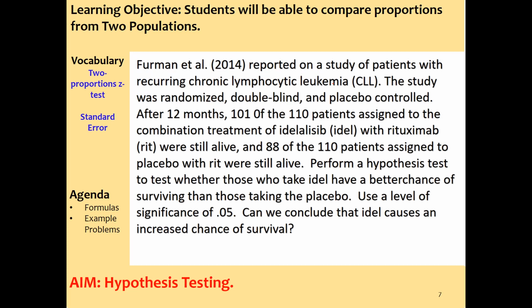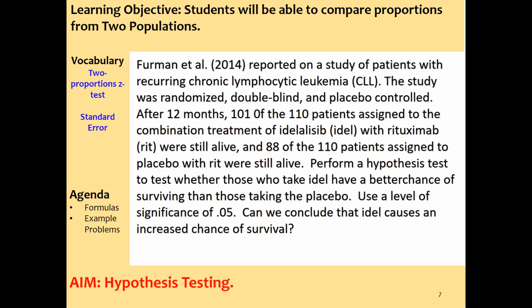Foreman reported a study of patients with recurring chronic lymphatic leukemia. Okay, leukemia is the cancer of the blood. The study was randomized, double-blind, and placebo-controlled. So that right there is telling us that it's going to meet our conditions. It's definitely random. It's definitely independent.